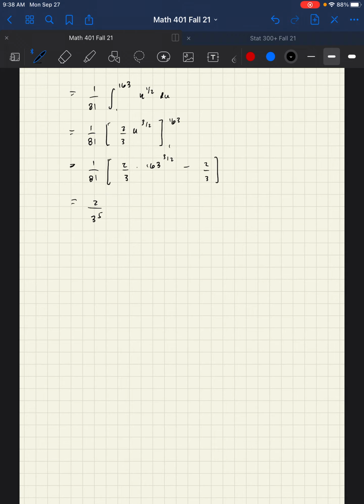You get 2 over 3. 81 is already 3 to the 4th, so we actually end up with 3 to the 5th, however you want to write that, times 163 to the 3 halves minus 1. And 163, you should check if that's divisible by anything. Probably not. Use whatever techniques you have to verify that.